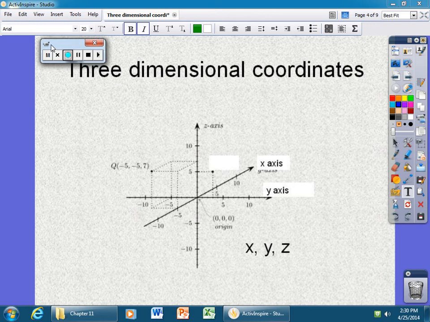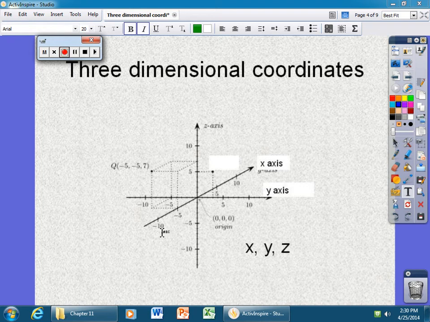So here is the actual coordinate plane. You notice I have my x-axis, my y-axis, and my z-axis. We still do have the origin with the 3 zeros. In our points, if you notice this point here, it says -5, -5, 7. Well, that means it's at -5 on x, -5 on y, and +7 on z.